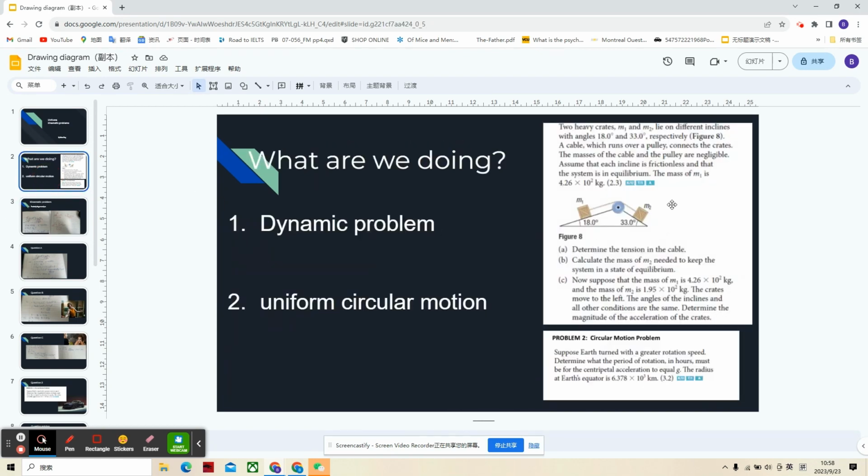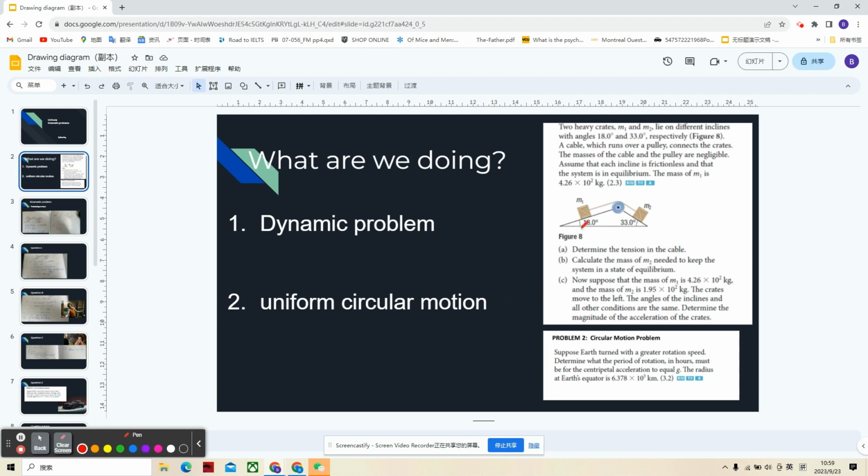Okay, so we have this information in this problem. It says two heavy crates, M1 and M2, which are separately over here and here on different inclines with angles 18 and 33 degrees.